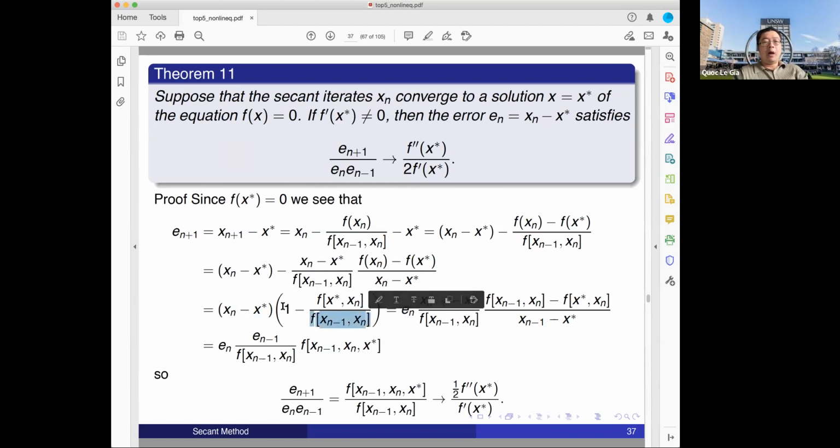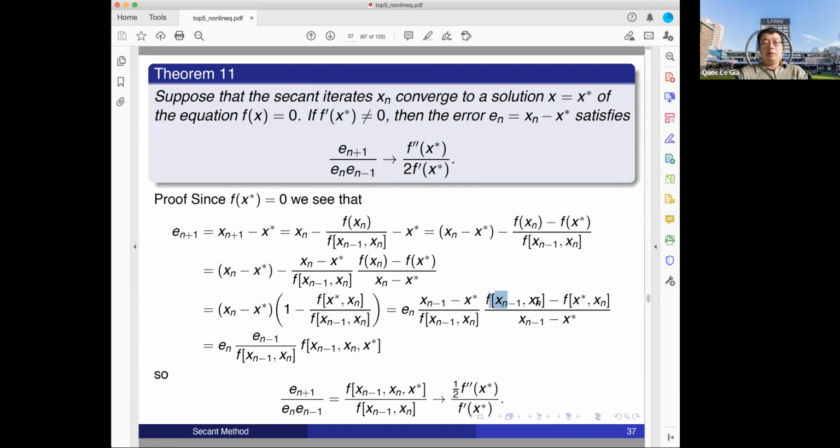So you have f of xn minus 1, xn minus f x star, xn. After I cross multiply, I divide and multiply by this term xn minus 1 minus x star. So then what do I have here? This one is just en minus 1.